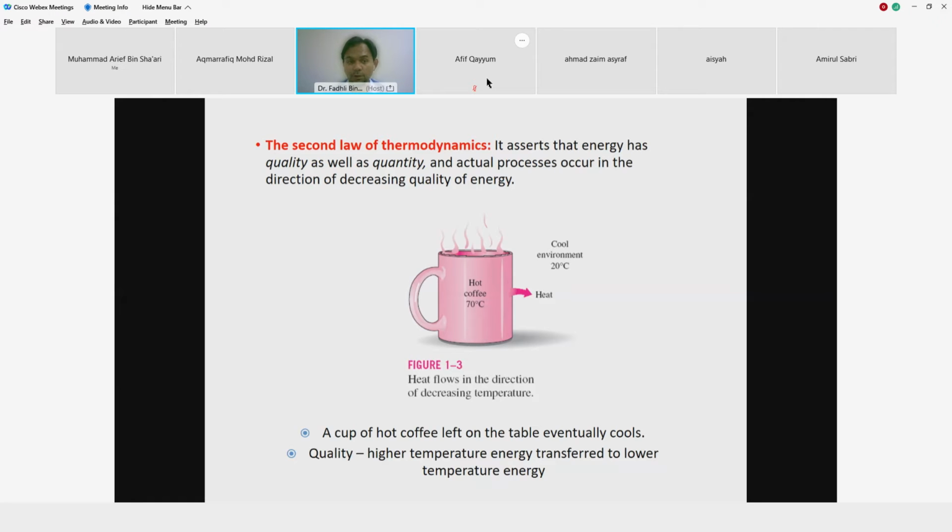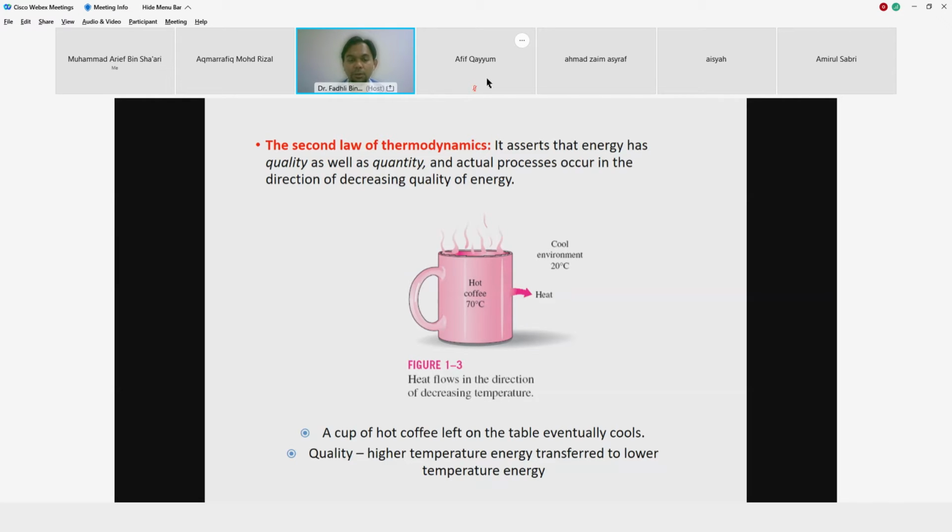The previous law just spoke about the quantity, just dealing with numbers. Like before, 10 minus 10, from 10 to 7 and 3, right? First potential energy is 10 and first kinetic energy is 0. Second potential energy is 7, second kinetic energy is 3.